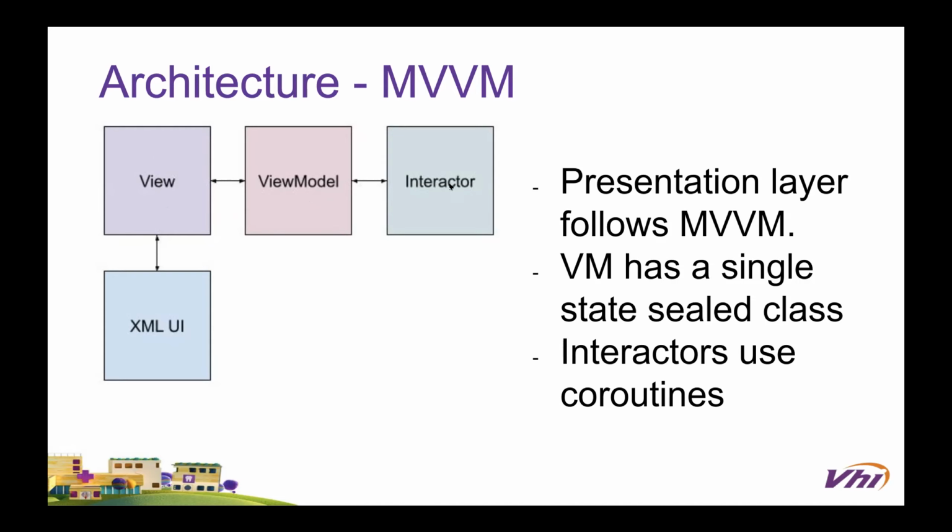The view model would forward it onto the interactor, and the chain would return, except over here it would be updating a live data state and going back. So our current architecture lends itself quite well to migrating over to Compose, because we already have a state representation. Although there are definite differences between the state representation that we need for Compose versus what we have at the moment, at least the infrastructure is there.